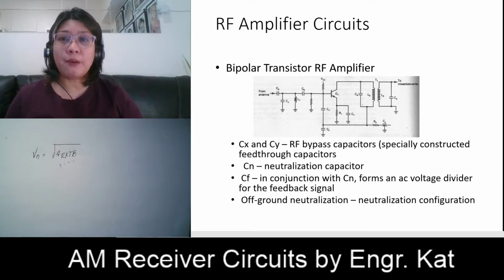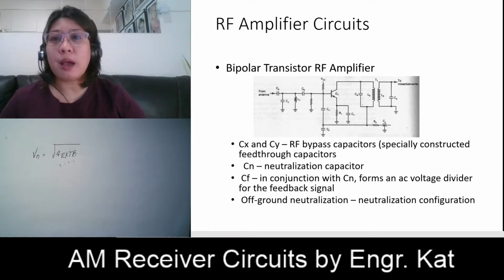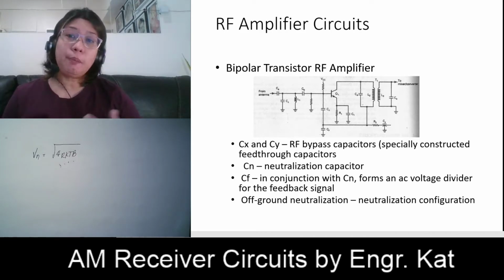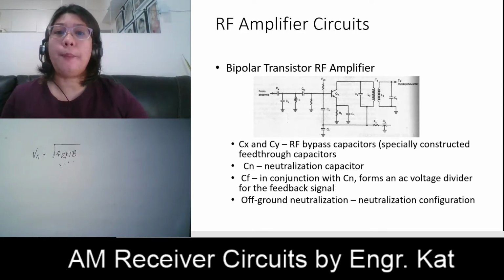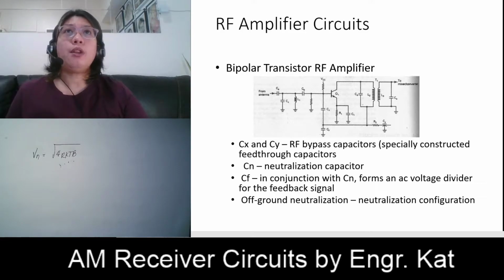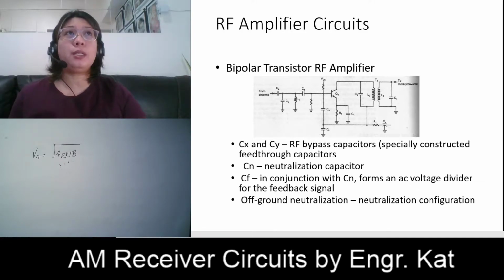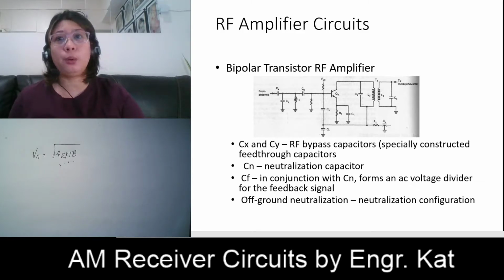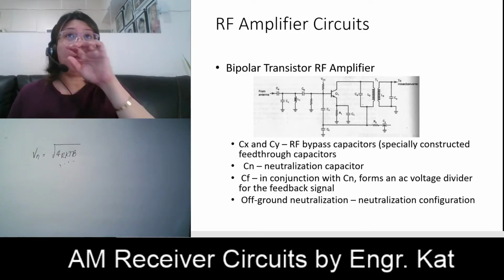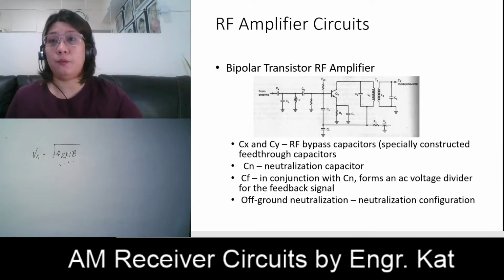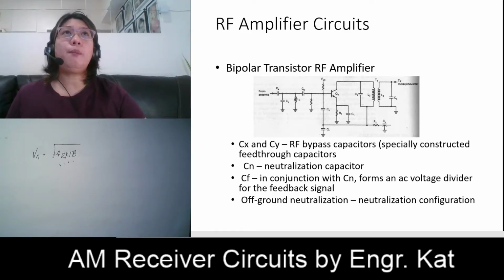We do not have an exact value for an RF, so it depends on our application. RF simply means that the frequency is high enough to be efficiently radiated by an antenna and propagated through free space by an electromagnetic wave.